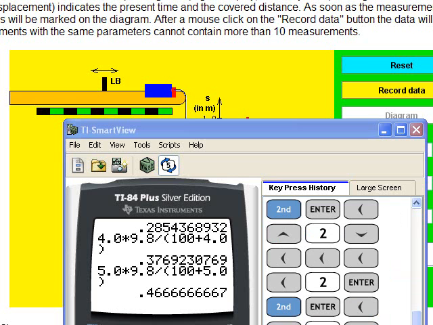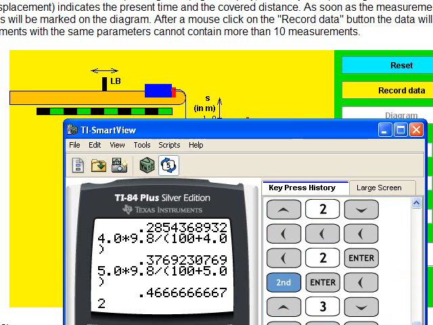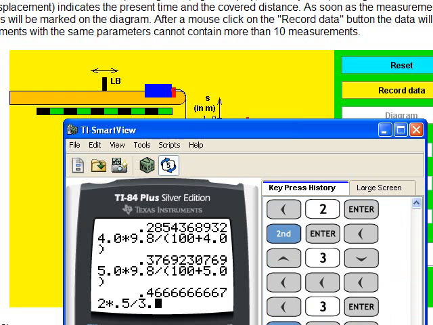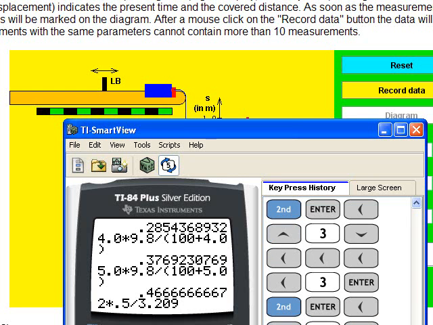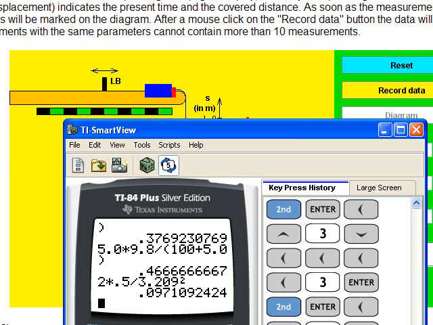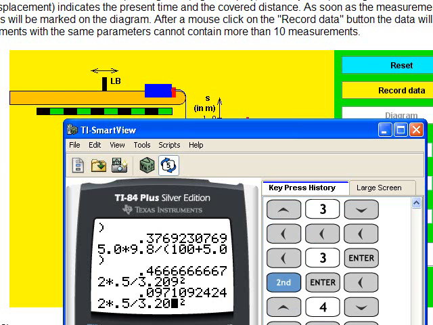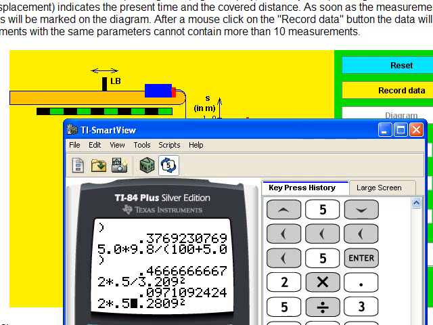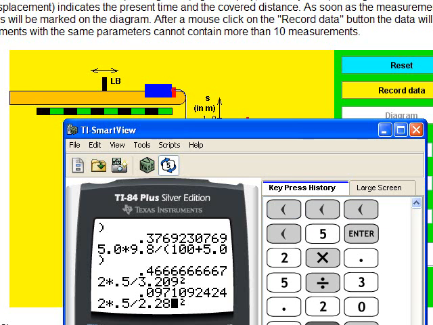There we go. And now I do the experimental acceleration, which is 2 times the distance of 0.5 meters, divided by the time squared, 3.209 squared, and then divide by 2.280. Oops. 0.5 divided by 2.280.